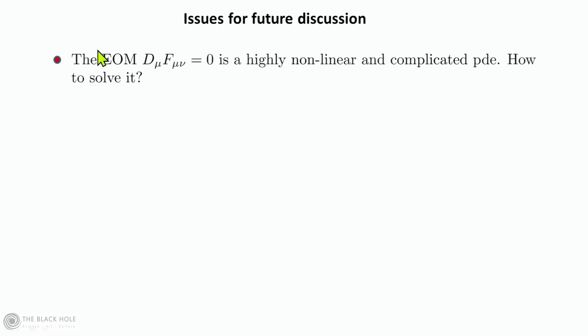The Yang-Mills equation of motion, D mu F mu nu, is a partial differential equation. It's highly nonlinear. It's nonlinear because you have products of A's, not just two products, but three products and four products. In QCD, we would say this corresponds to the 3-gluon interaction and the 4-gluon interaction.